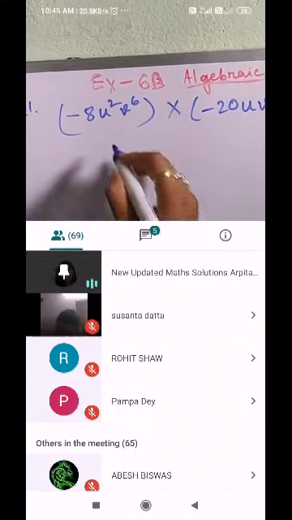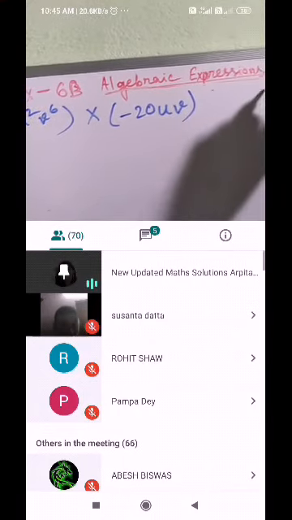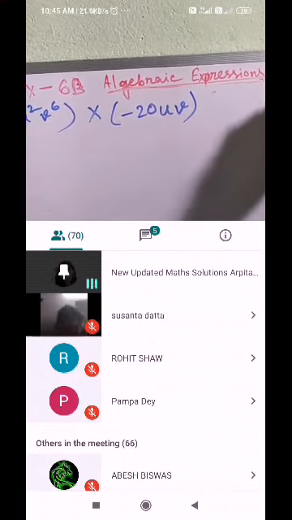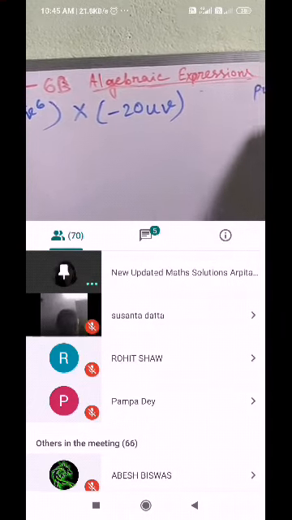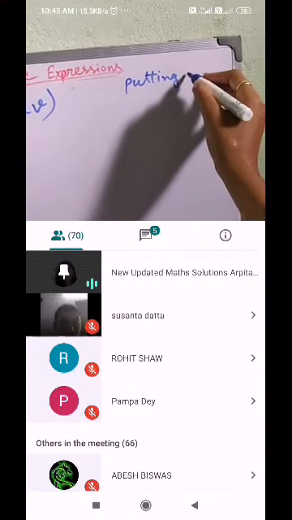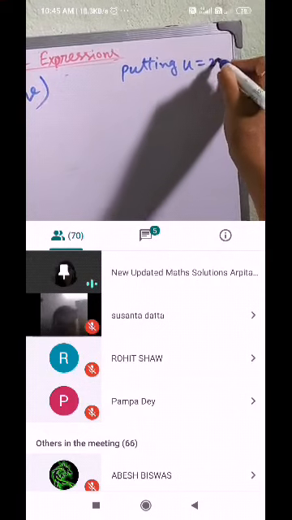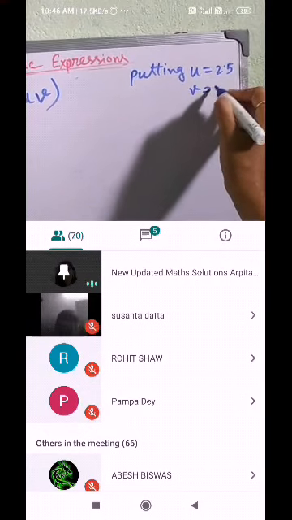Here we have to find the value by putting the values of u and v in the product. Putting u equal to 2.5, v equal to 1.